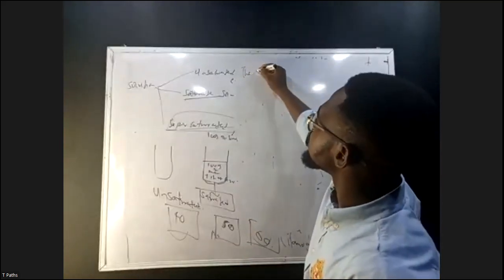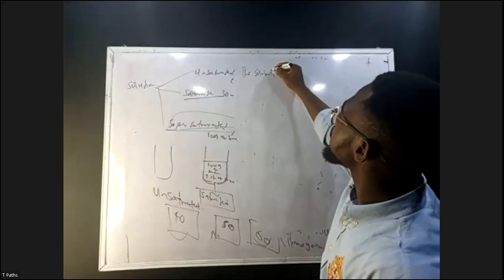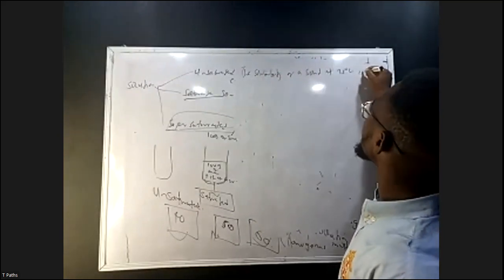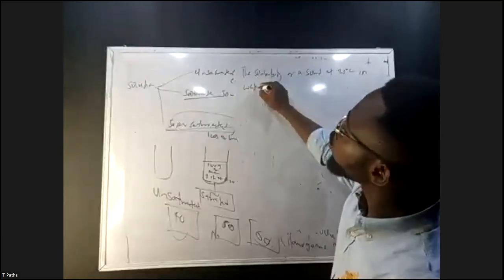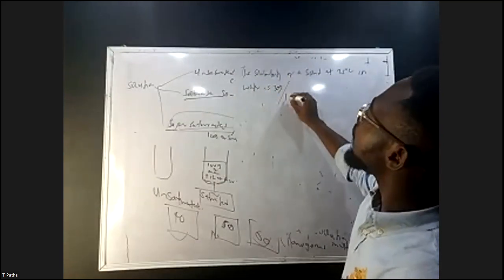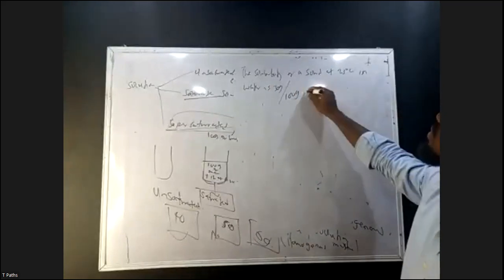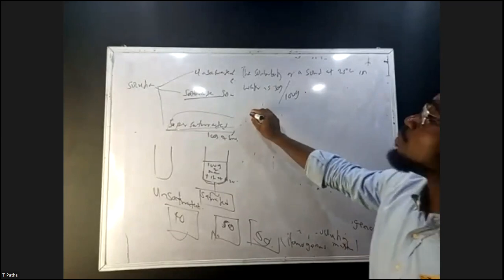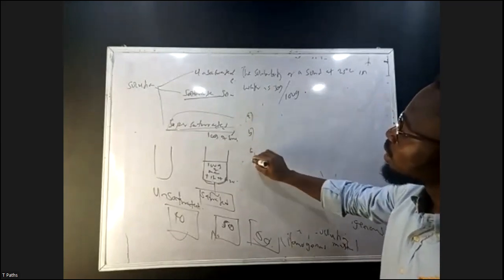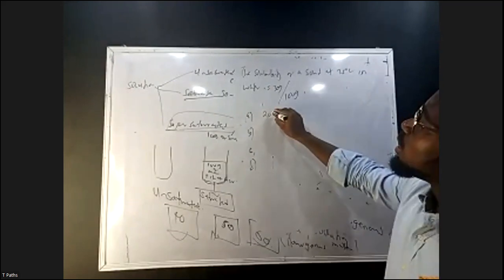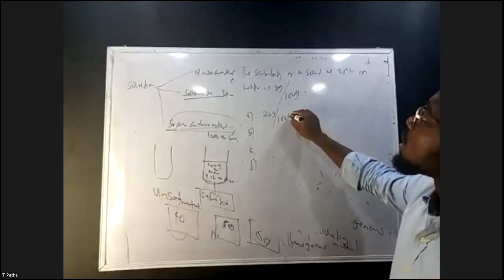The solubility of a solid at 25 degrees Celsius in water is 30 grams per 100 grams. They will now give you some options. They will say, okay, let's say 20 grams per 100 grams of solution.